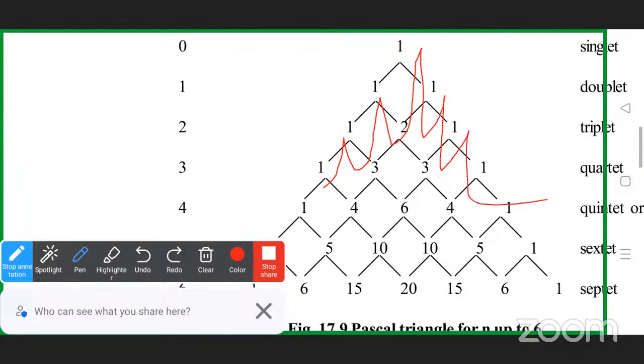You can see these two have the same height, these two have the same height, and this one is different, with more height than the others.